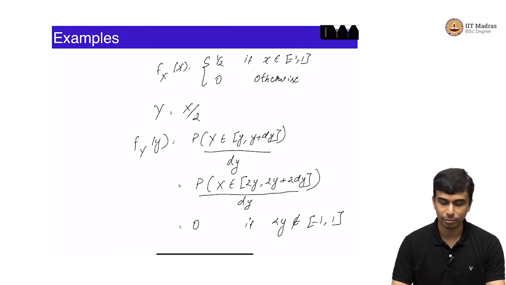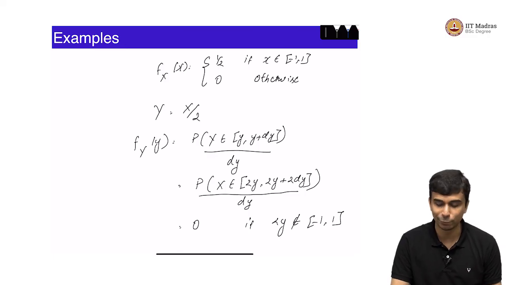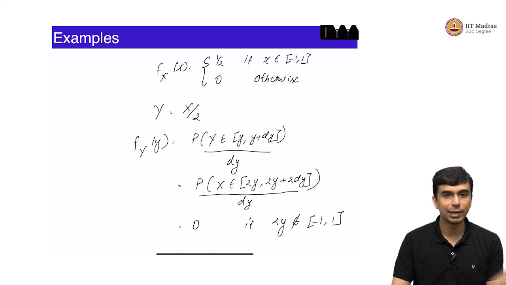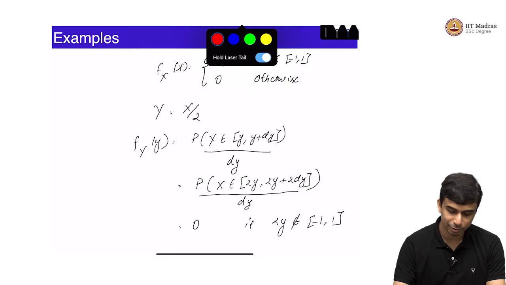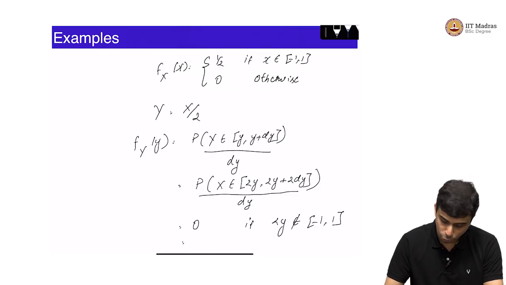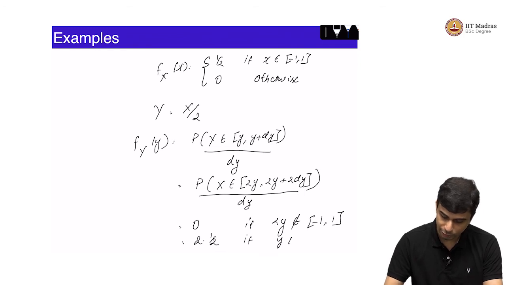So, x is uniform -1 to 1, you should immediately guess that y is equal to x by 2 is uniform -half to half, but we are going to do this just in a painful way. Outside -half to half it is going to be 0, but within the range of -half to half, the value is going to be equal to 2 times half.